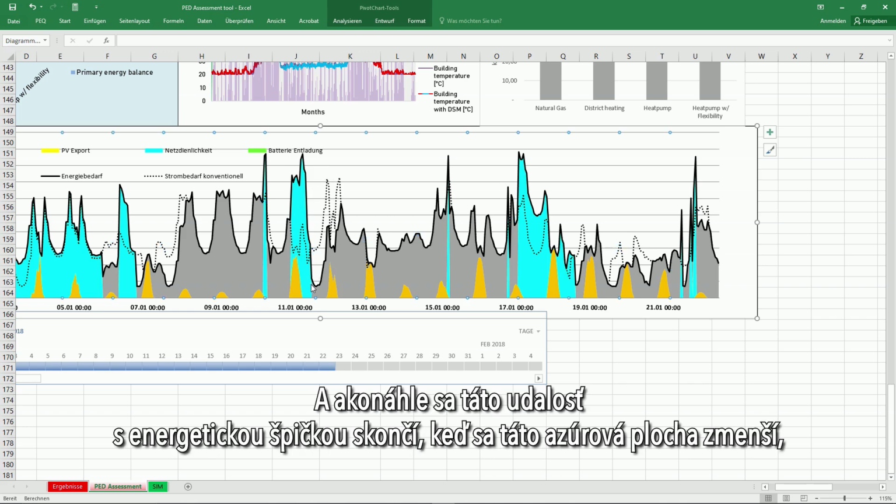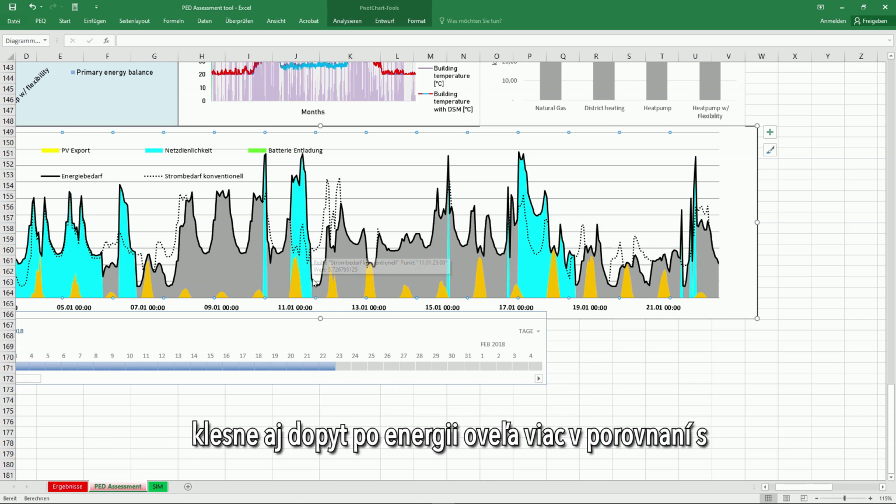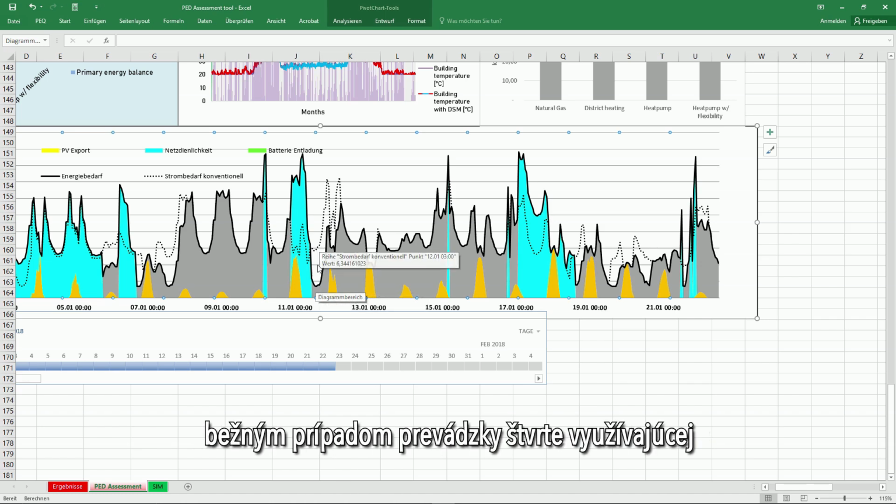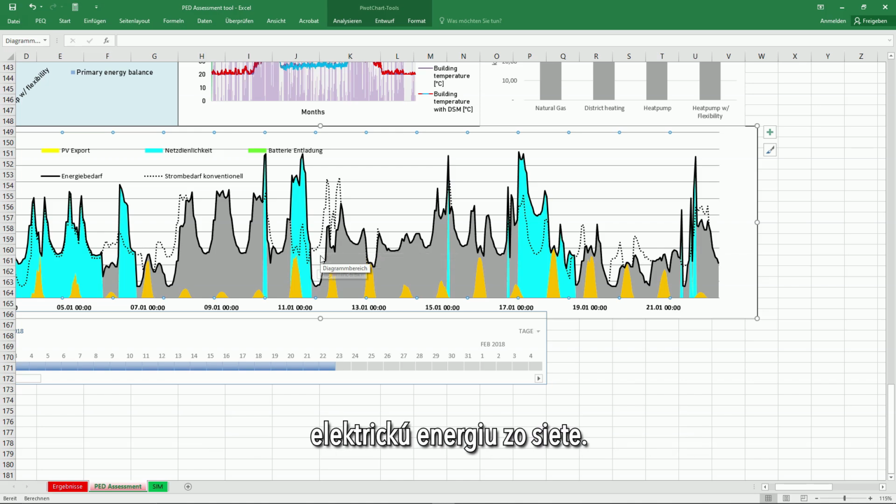And once this peak power event has ended, here when the cyan area just drops, the energy demand also drops much more compared to the conventional case of the district operation using grid electricity.